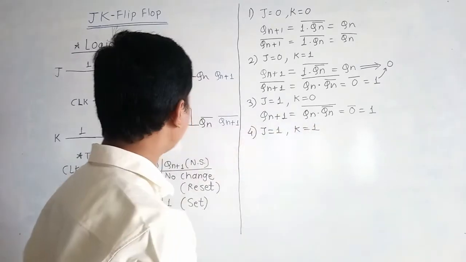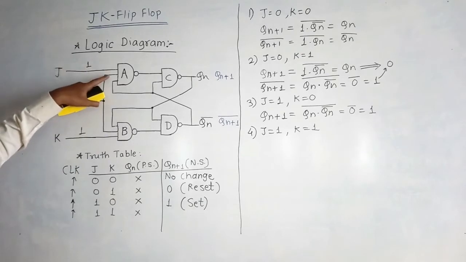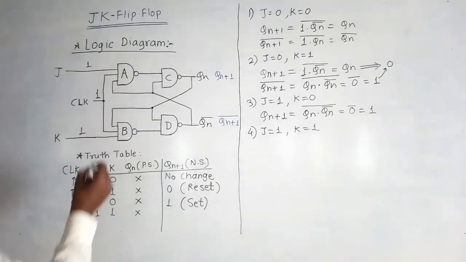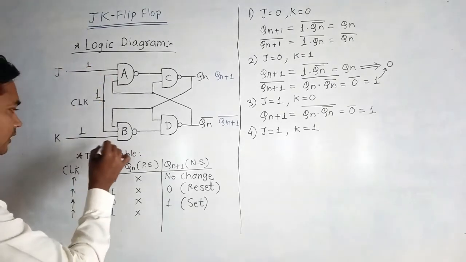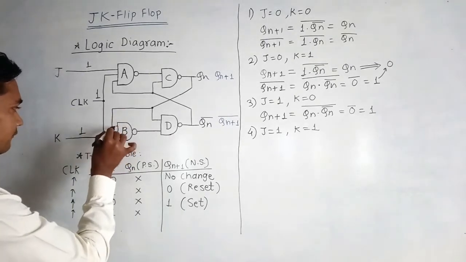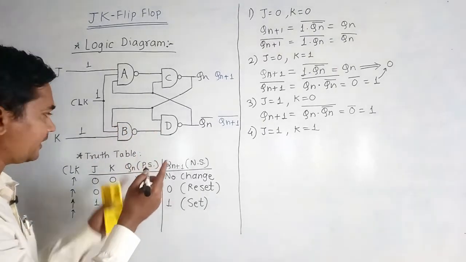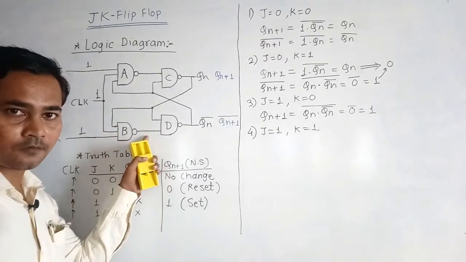If the first and second inputs are 1 1, and here also the same thing, if these inputs are 1 1, then we know that the third input will be complemented and will appear at the output of the NAND gate.